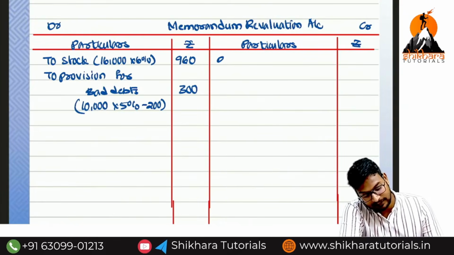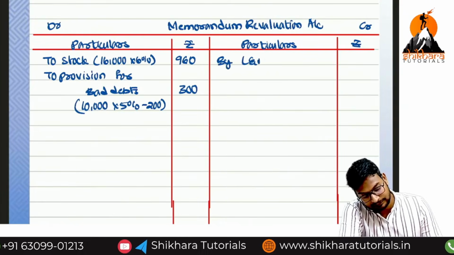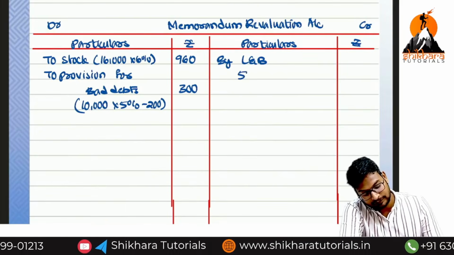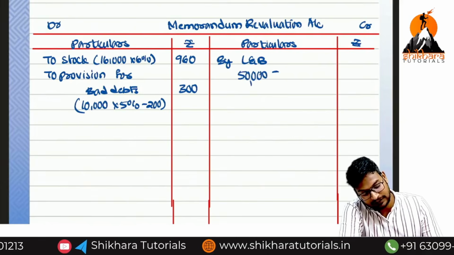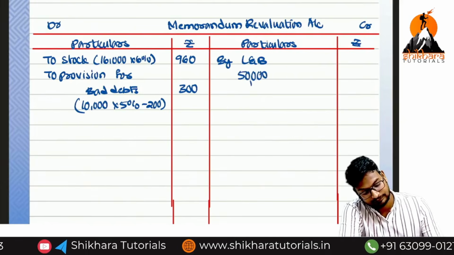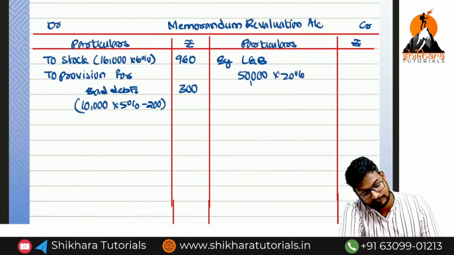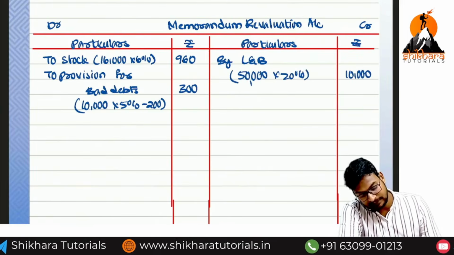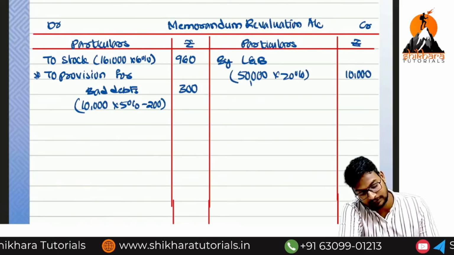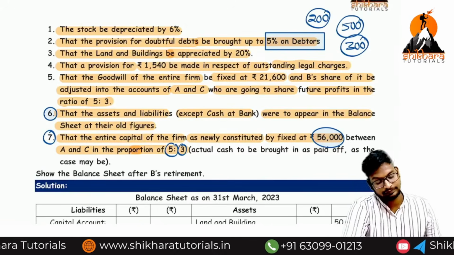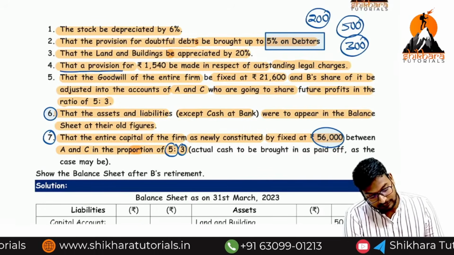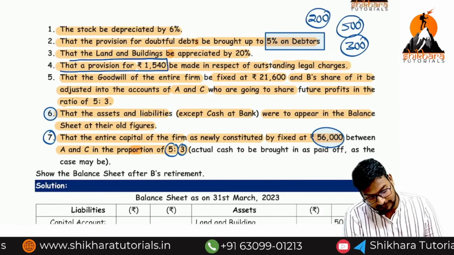Again, what is the second point? By land and buildings. Yes or no? How much? 50,000 into 20%. So please remember this provision concept, Amma. So next one. The provision for rupees how much, Amma? 1540.